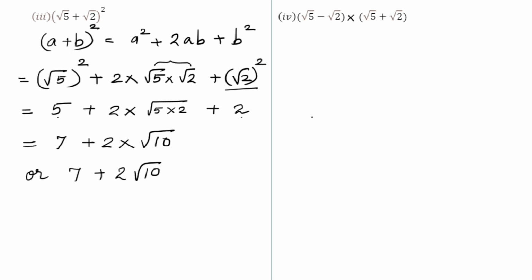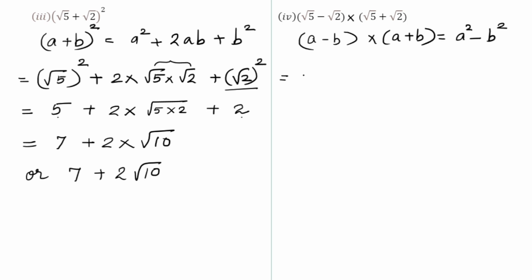Let us do question number 4 from here, which is to multiply root 5 minus root 2 with root 5 plus root 2. To solve it, we are going to use the same identity which we have used for question number 2, which is a minus b into a plus b, which gives us a square minus b square.